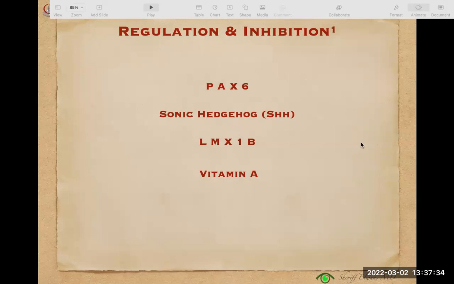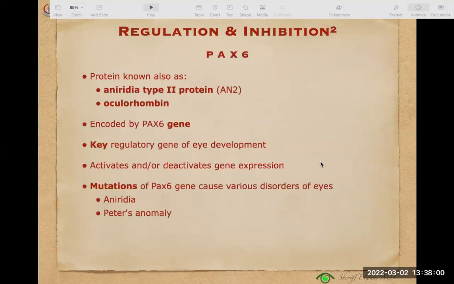Genes express proteins, and proteins circulate and give the influences that we are going to describe. These proteins are the PAX6, the sonic hedgehog, the LMX1B, and vitamin A. We are going to describe these four regulatory proteins.